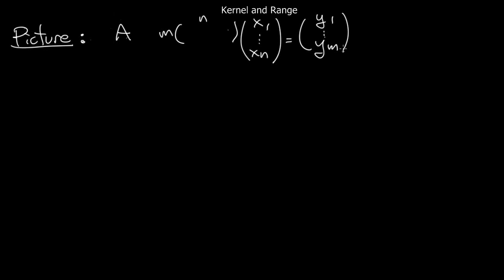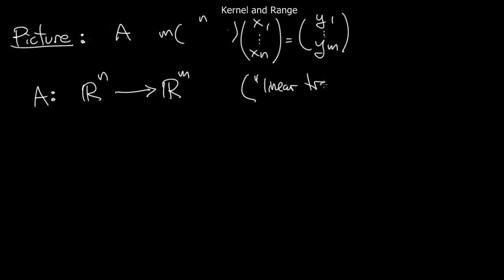It takes n vectors to m vectors. So let me write that down. That is to say, A can be thought of as a function from Rn to Rm. You plug in an n vector and you get out an m vector. Now it turns out it's a very special kind of function called a linear transformation, which we'll come back to later, but I'm not going to talk about that now.